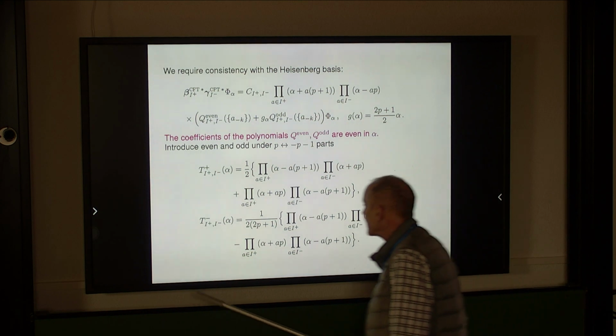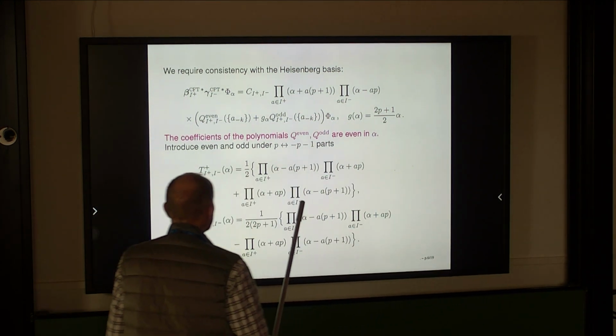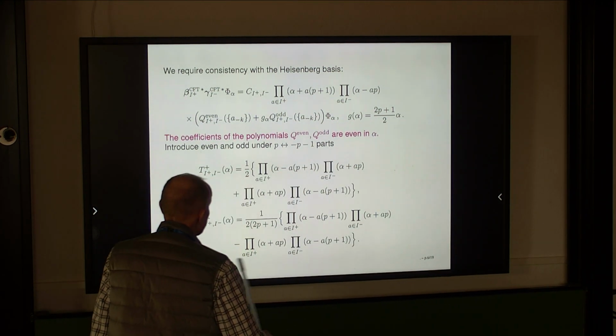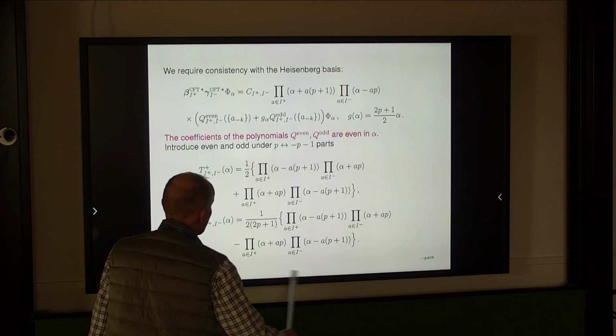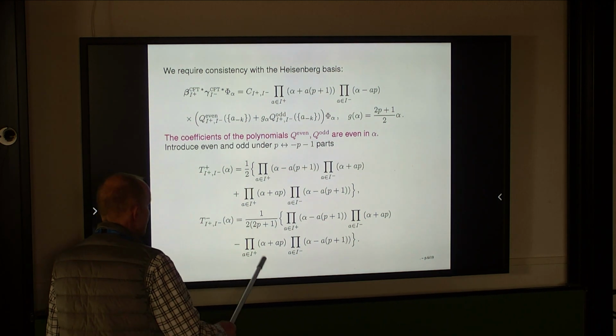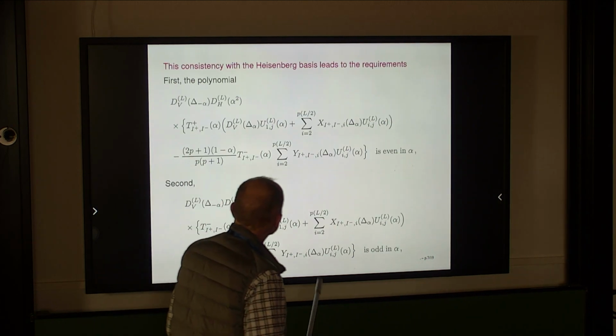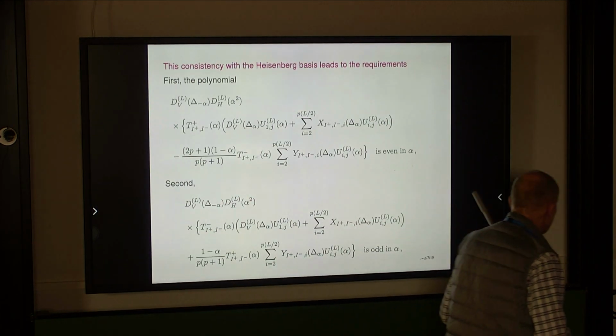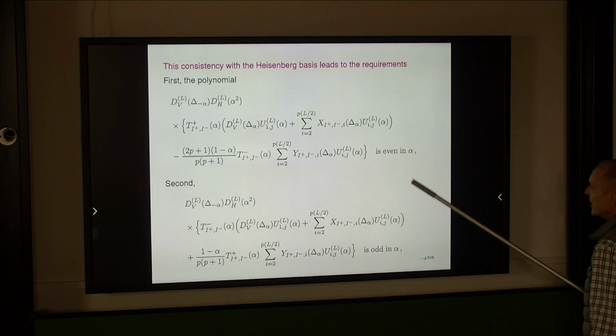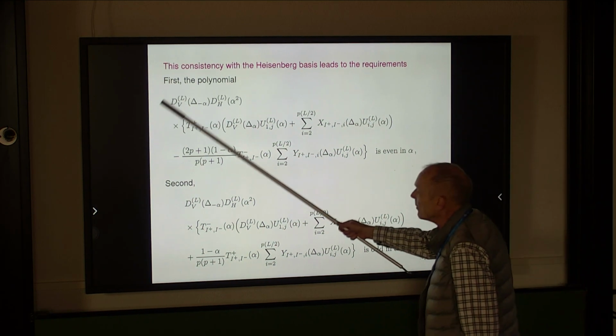So, and then I start to solve this thing. So I introduce some even odd polynomials like this. And so I probably, it is too much of details. And so then eventually everything reduces to the following two requirements.